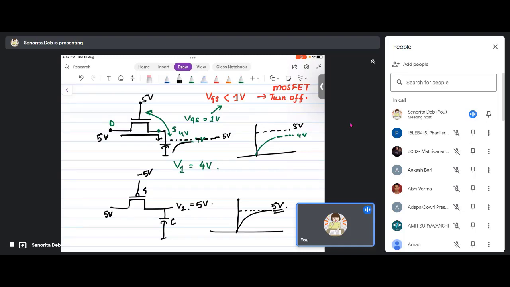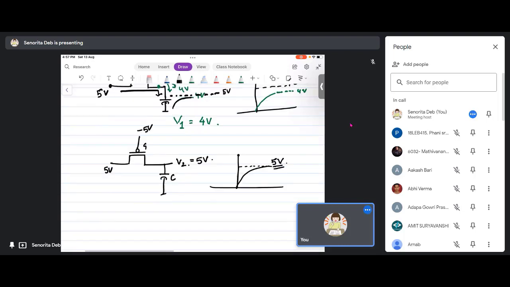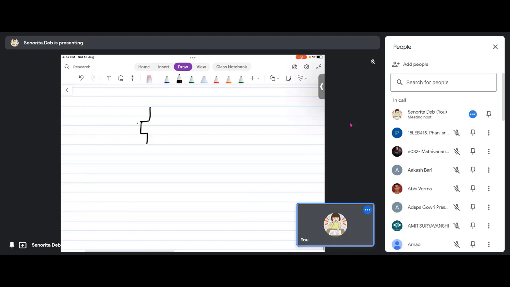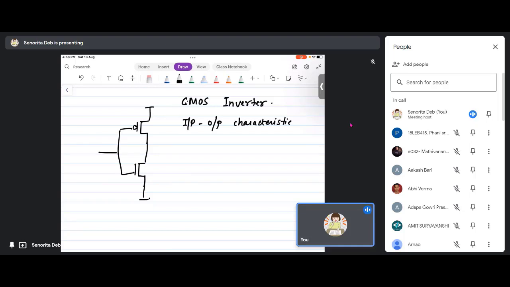This is something similar to what happens in a CMOS inverter. Normally a CMOS inverter has been asked in questions in GATE previous years. So this is what has normally been asked. And if you analyze the working of a CMOS inverter, your task should be to analyze its characteristics, the voltage characteristics, or I should say input output characteristics, of the CMOS inverter.